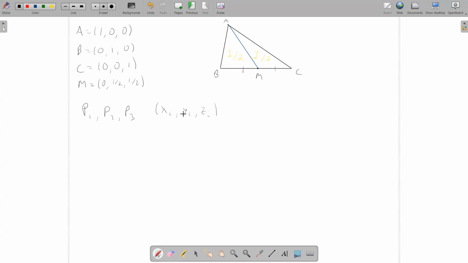In particular, P1 has x1, y1, z1, P2 has x2, y2, z2, etc. Then the signed area of P1, P2, P3 is given by the determinant.